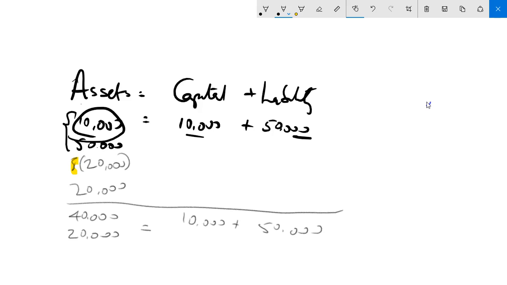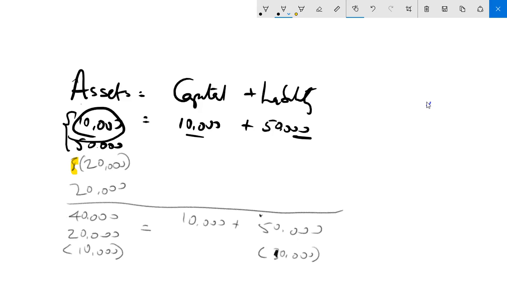You could decide to pay back some of that loan. You might think, you know what, we don't actually need 50,000. We just need 40,000. We don't want to owe 50,000. So you return 10,000. And if you pay back 10,000 to the loan company, you also have to reduce the liability by 10,000, because you don't owe 50,000 anymore.